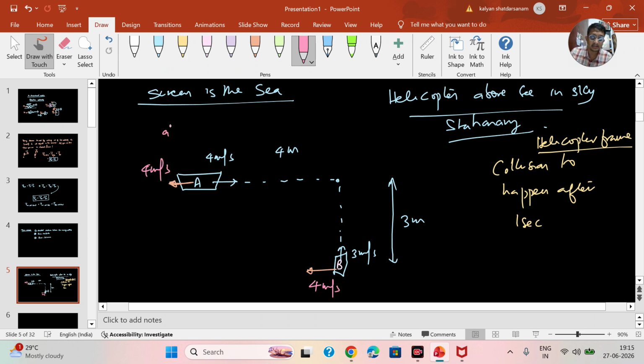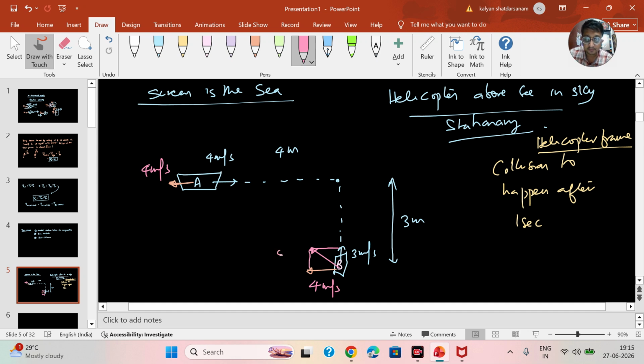Now A is at rest, because this +4 and this -4 will add up to 0. Now B's velocity is the resultant of the 3 which it already had and the 4 which you have added now. If you make a rectangle or parallelogram, it will be this resultant. That's going to be 5 meters per second because 3 and 4 are perpendicular.